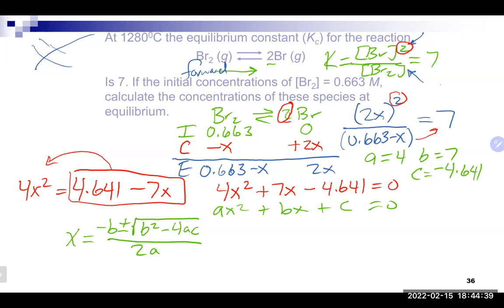All right, so we're going to, again, put our A, B, and C into there. So putting it in, our x will equal minus b, which in this case is minus 7, plus or minus the square root.